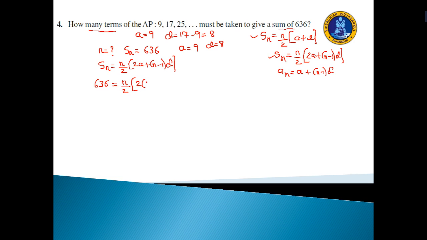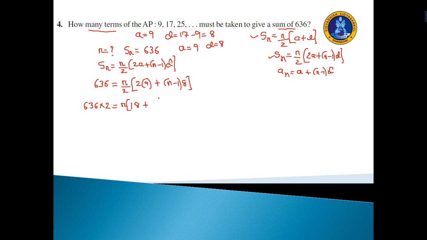2 into a, that is 9. (n minus 1), that we want to find out. d is given, 8. Now 2 should be multiplied here, so 636 into 2, and 9 twos are 18.